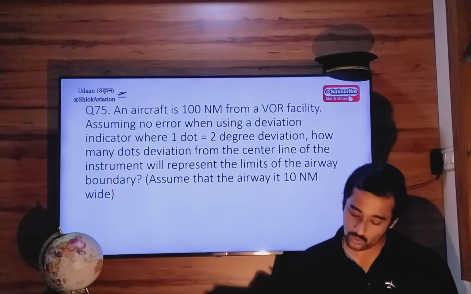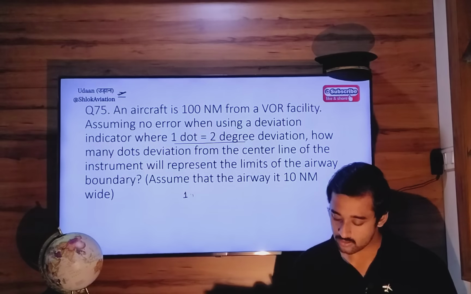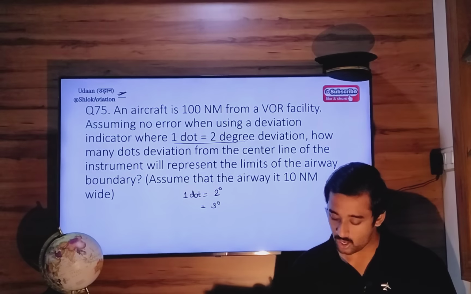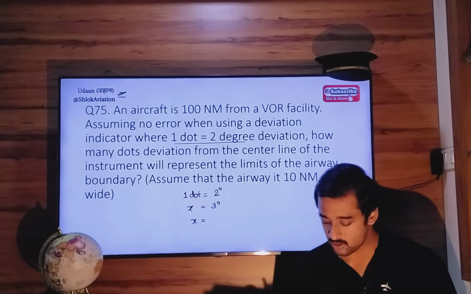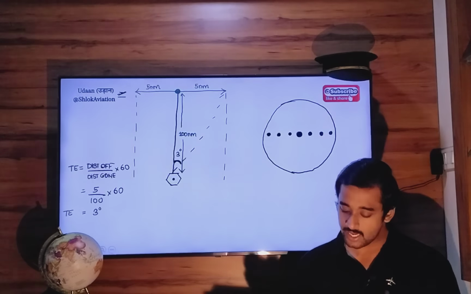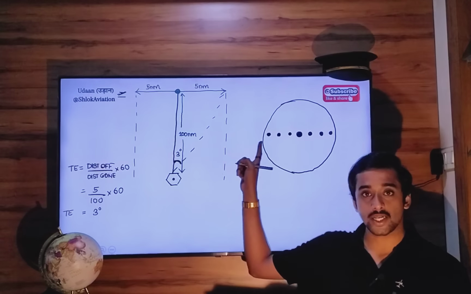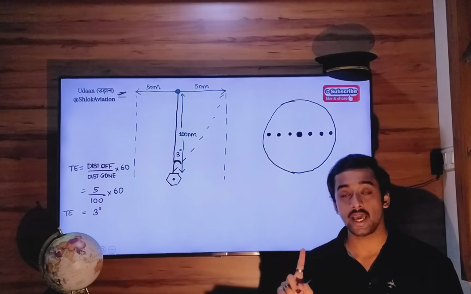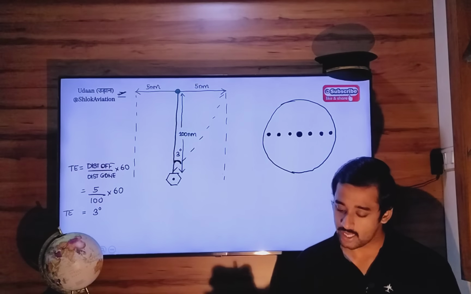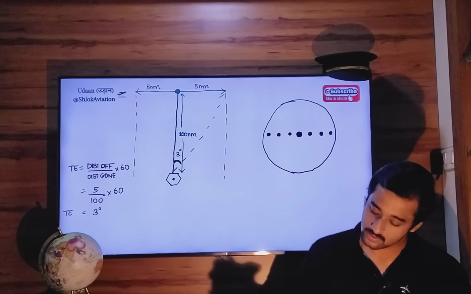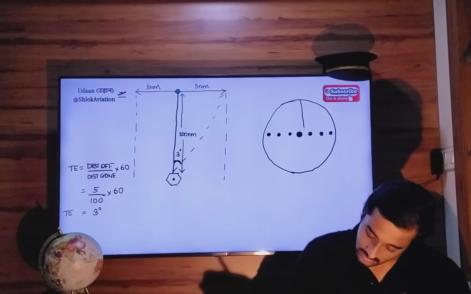Now we know that 1 dot equals 2 degrees. So 3 degrees will be equal to how many dots? It will be equal to 3 divided by 2, 1.5 dots. So this 3 degree angular deviation will be represented by a needle shift equal to 1.5 dots. So this is your dot number 1, and the needle will be somewhere here.